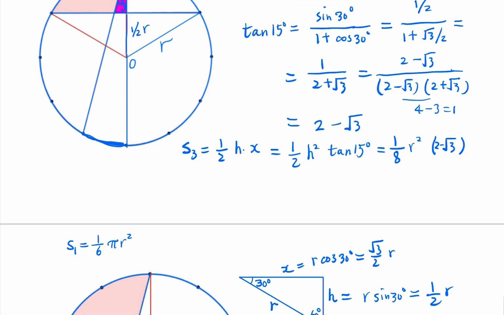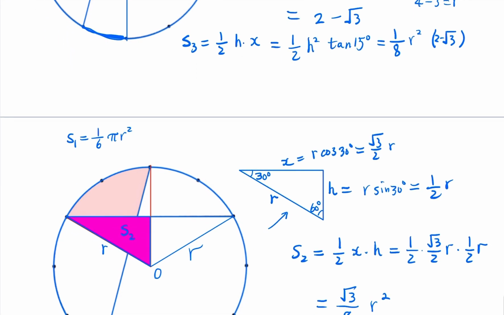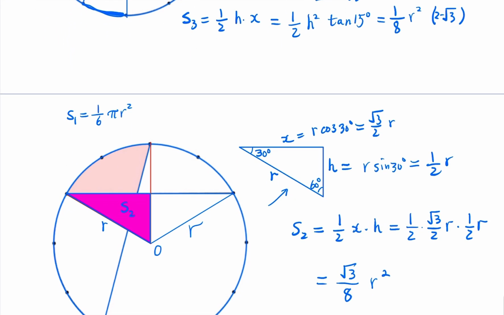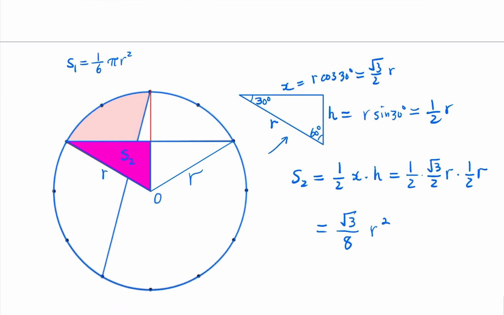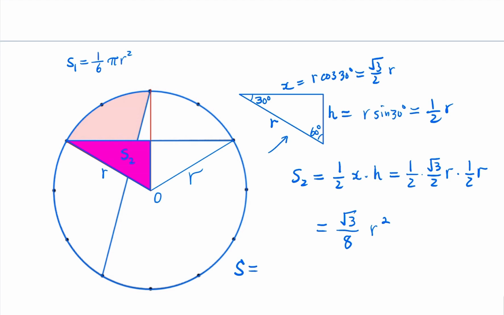Earlier we said that the shaded area S equals S1 minus S2 minus S3.